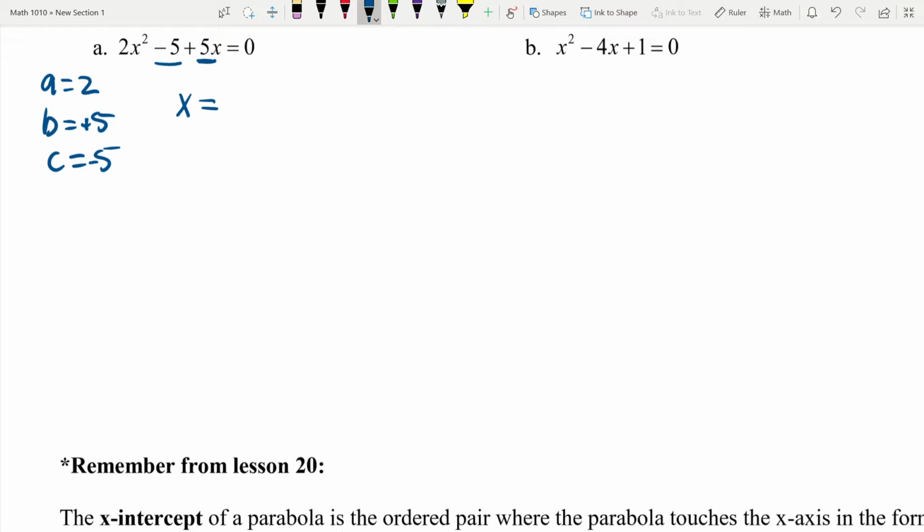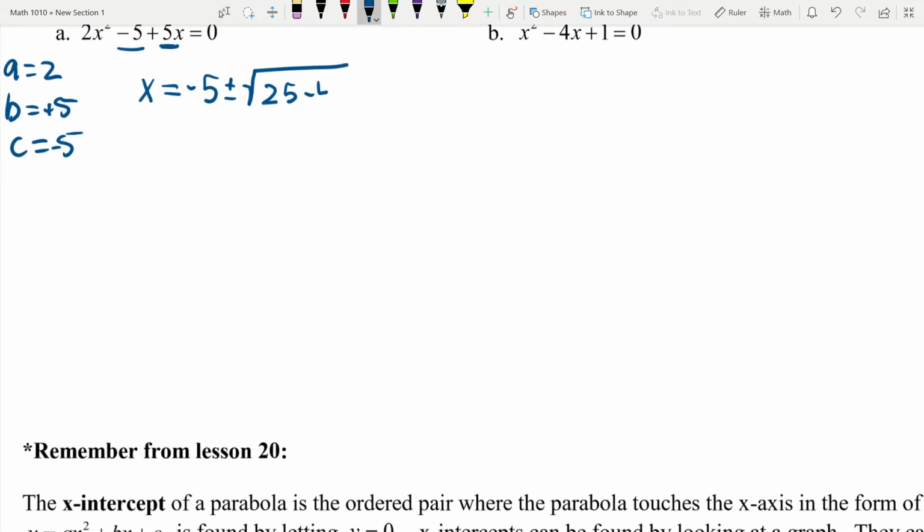Everybody write X equals. Then go -B. That's -5. Plus or minus the square root of 5 squared. 5 squared is 25. Minus 4 times A, which is 2. Times C, which is a -5, all over 2 times A, that's 2 times 2, which is a 4.